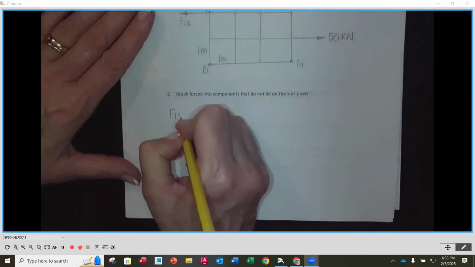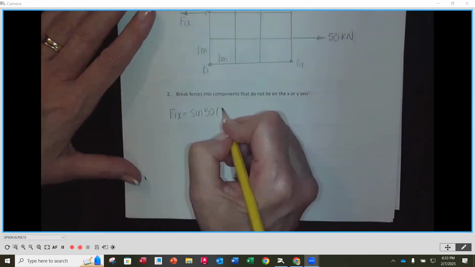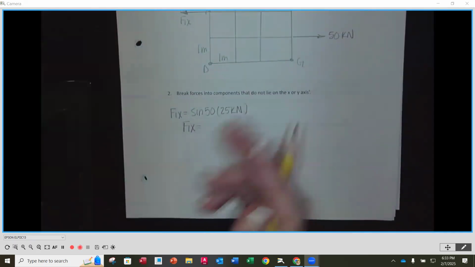So F1X is going to be sine of 50 times 25 kilonewtons.